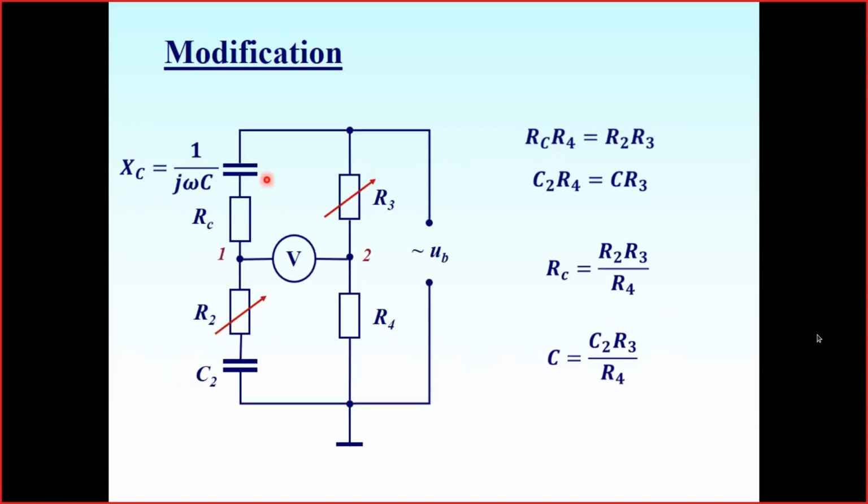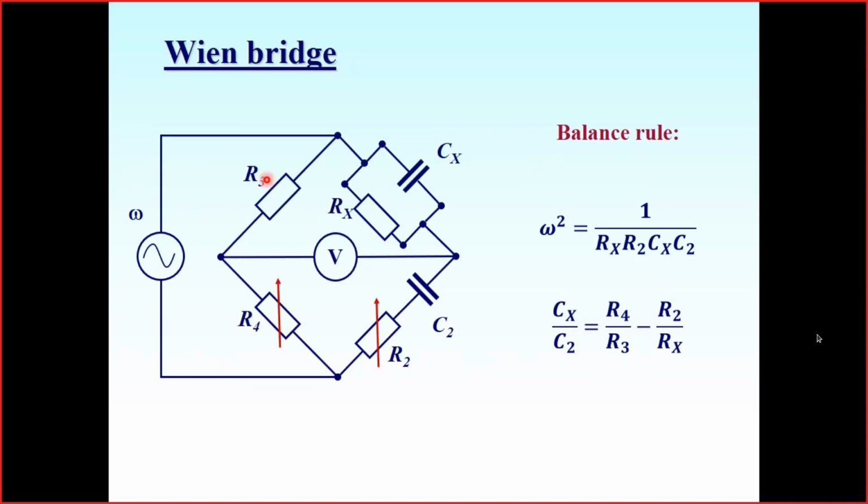To get a good convergence, some other type of bridge was used, and one of these bridges is the so-called Wien bridge, which has a balance rule at a particular frequency omega. Whatever frequency omega we use, we have the same balance rule.